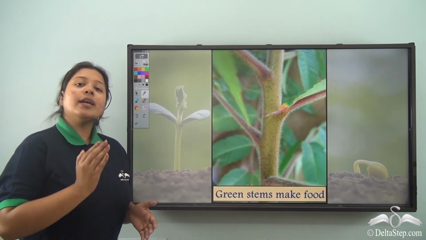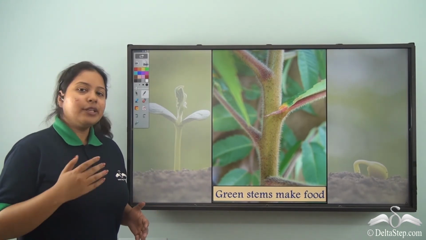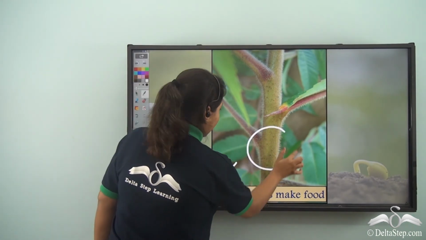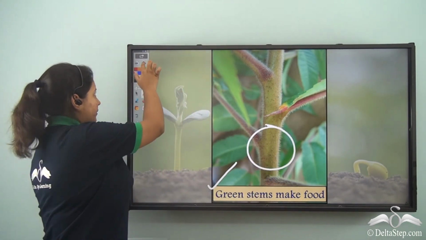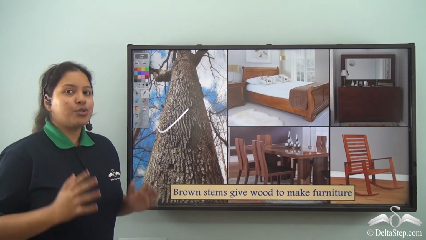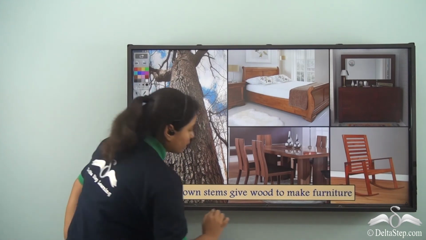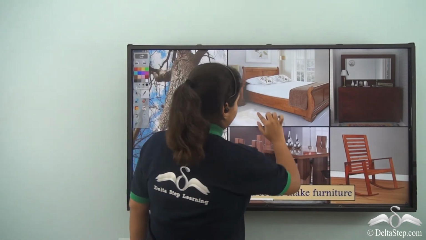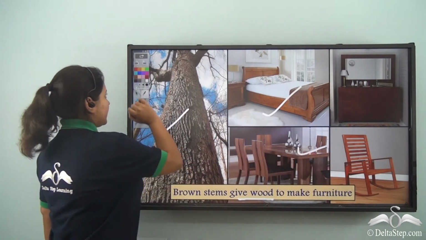Now, depending on the color, the stems have different functions, like the green stems help in making food, and the brown stems, which are very strong, are used to make furniture from the wood that we get from these plants.